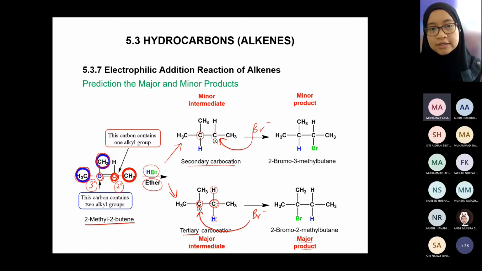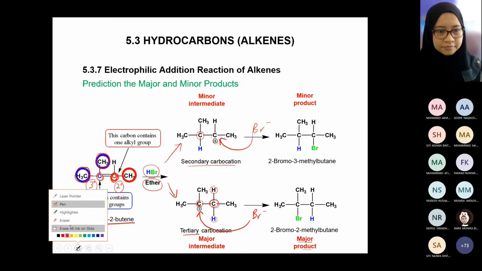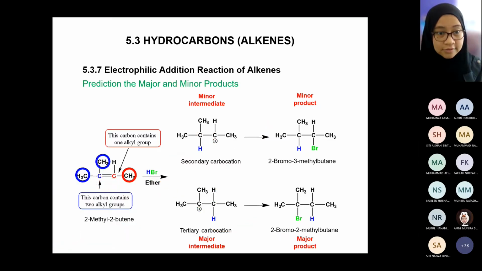Okay, secondary dengan tertiary. Maksudnya you check, you ada double bond, you check the carbon for both yang attached double, yang has the double bond kan. Okay, this one is this carbon like this one. Okay, you check. This carbon is secondary carbon kan, and this carbon is tertiary carbon.